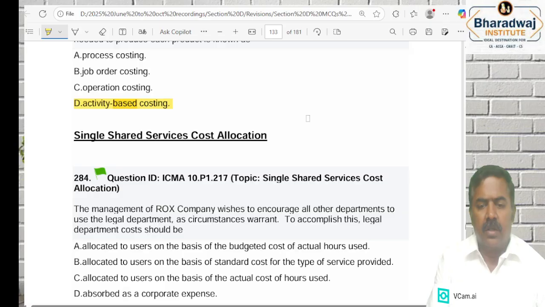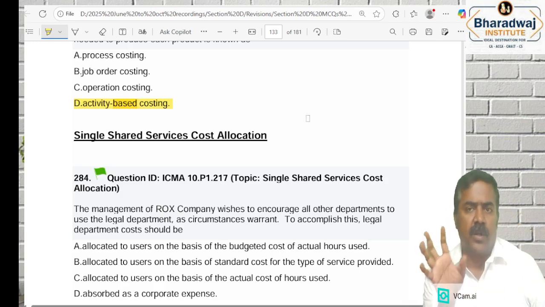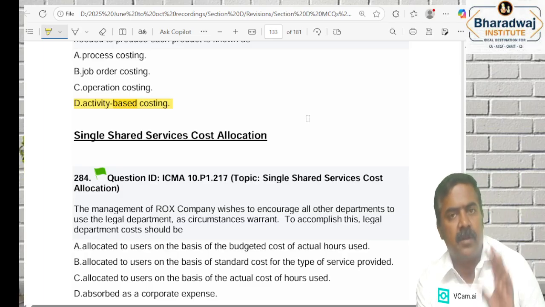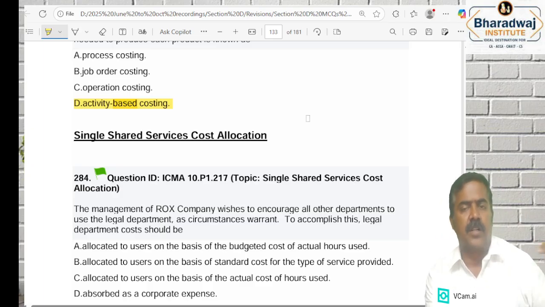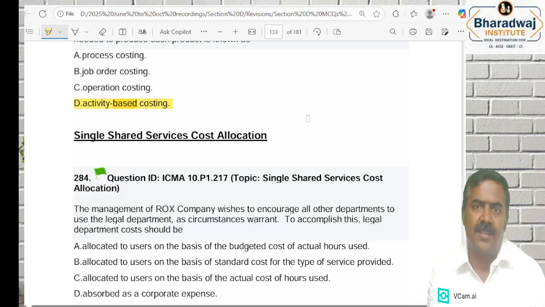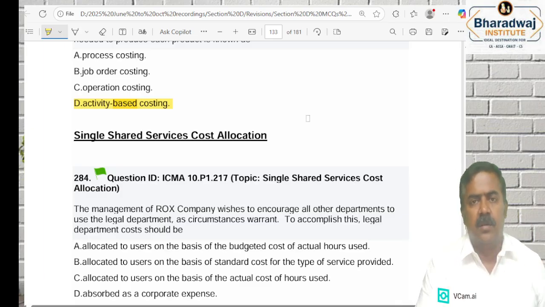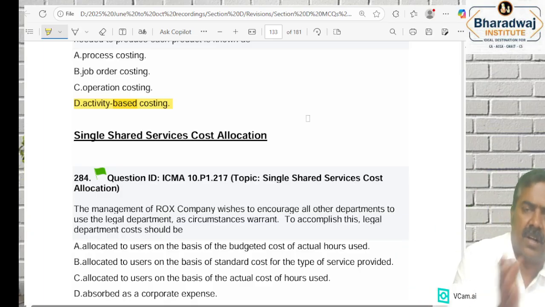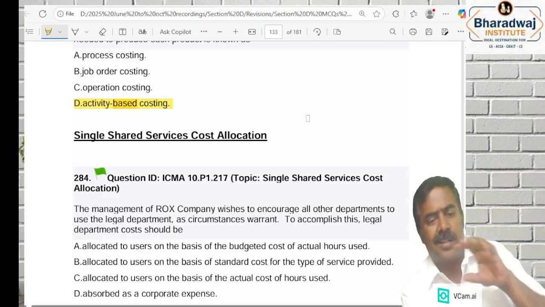Next, we'll move on to the overhead cost allocation. Sir, there is one service department. There are different production departments. What is a service department? It renders work to the production departments. Production departments will have a measurable cost unit. If I have service departments A, B, C and production departments P, Q, R, S, and each renders service to PQRS, it is called direct service.